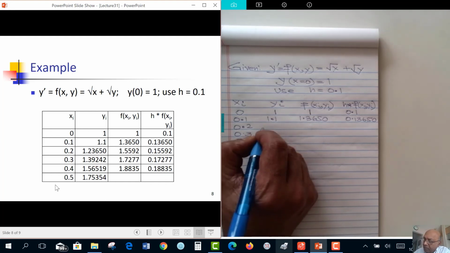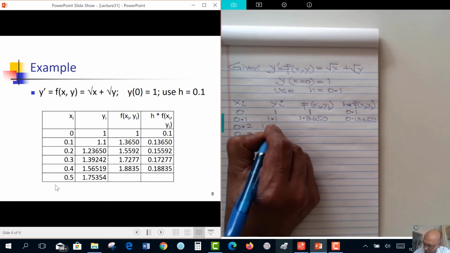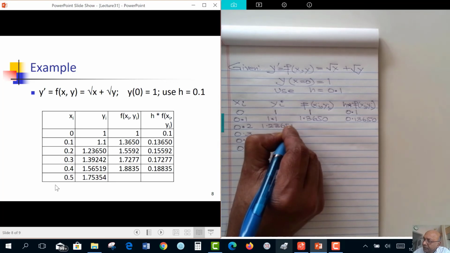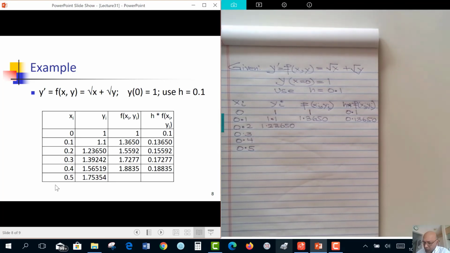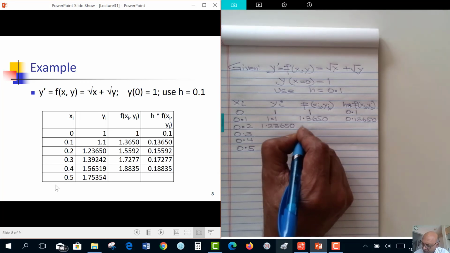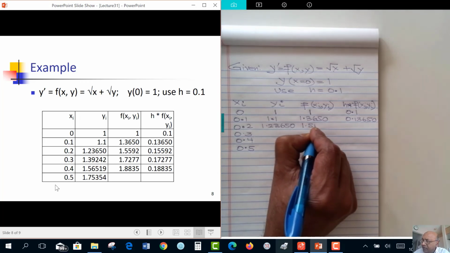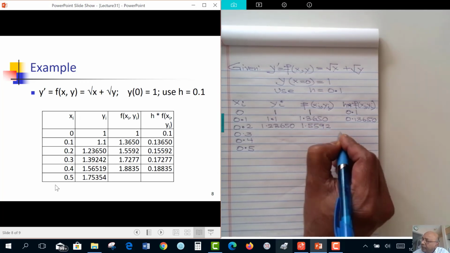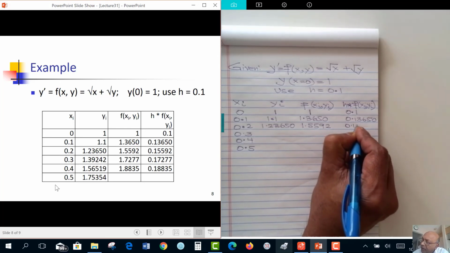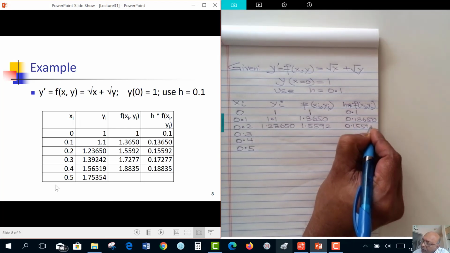So we'll get 1.2365. So we do square root of 0.2 plus square root of 1.2365. So we'll get 1.5592. That'll become 0.15592.